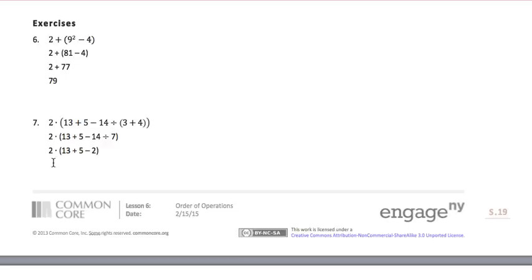And again, we'll need to do the parentheses, but we have addition and subtraction only left. So we're going to do that problem from left to right, since addition and subtraction are at the same level.